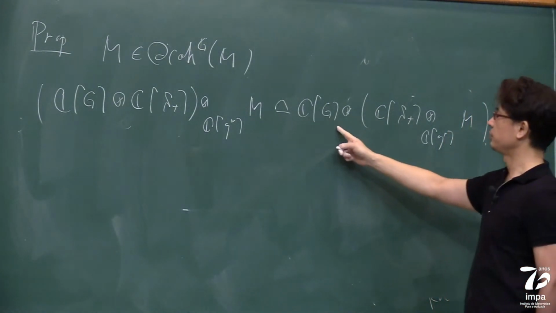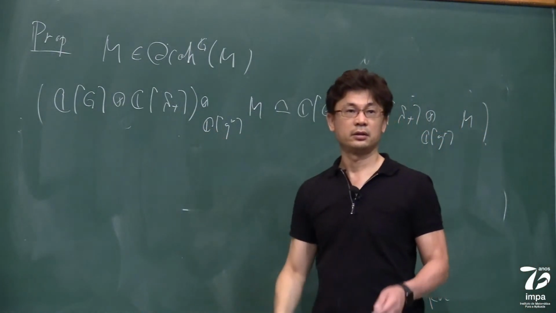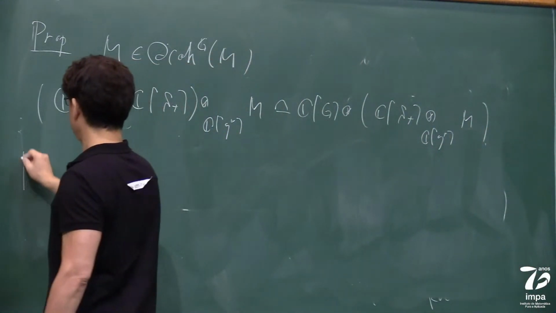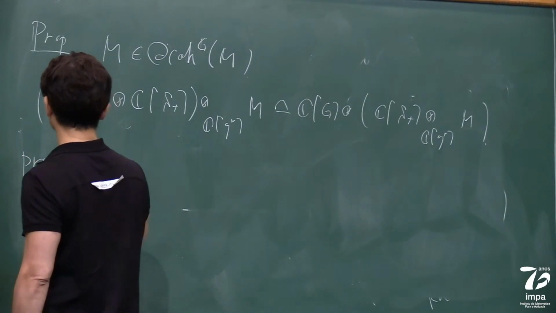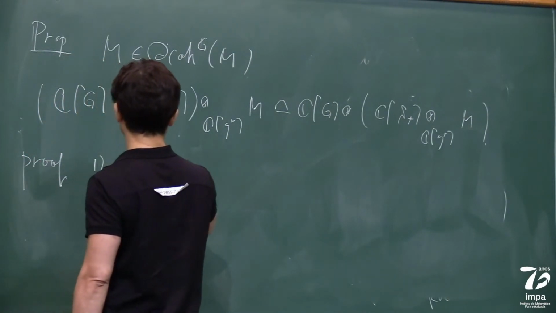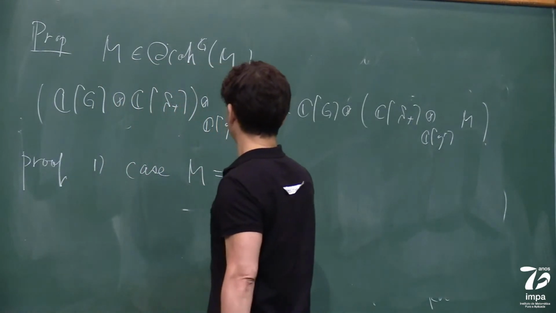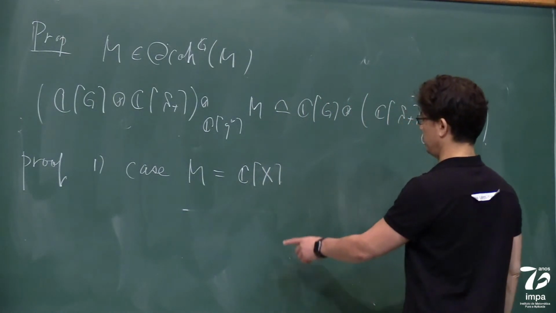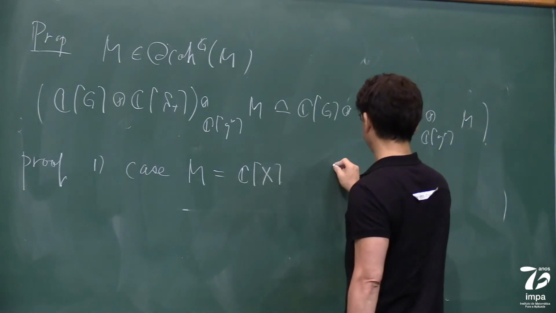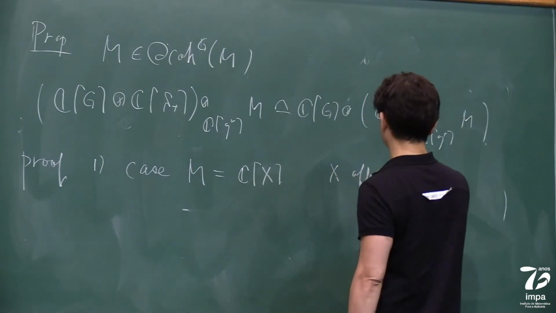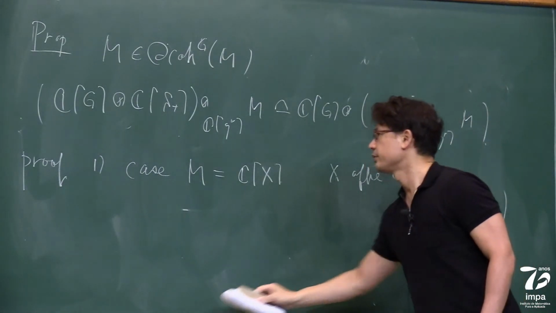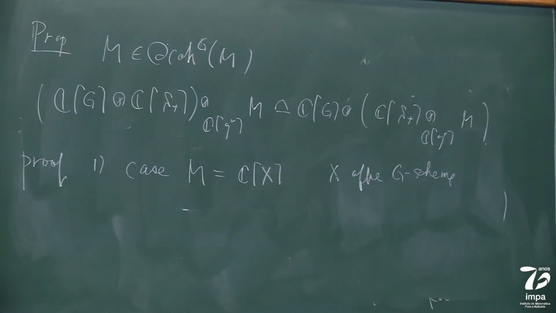So you can just pull CG out of the brackets. This is easy to see when M is the coordinate ring of an affine G-scheme.